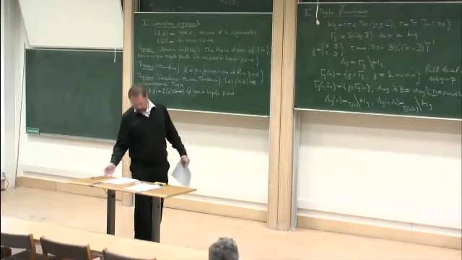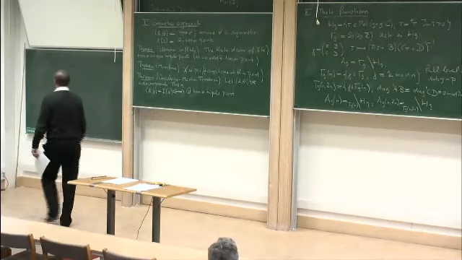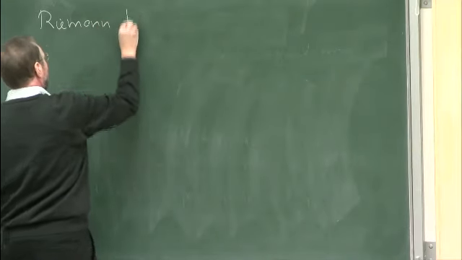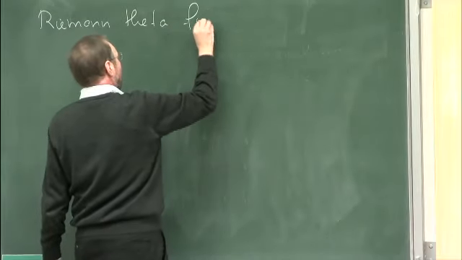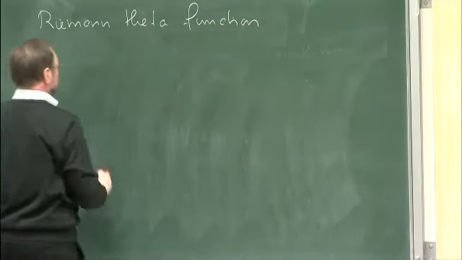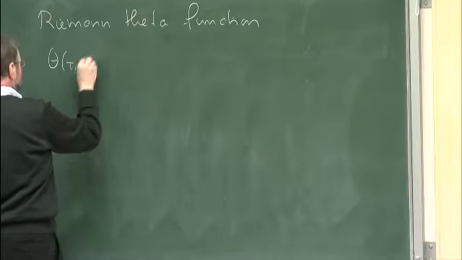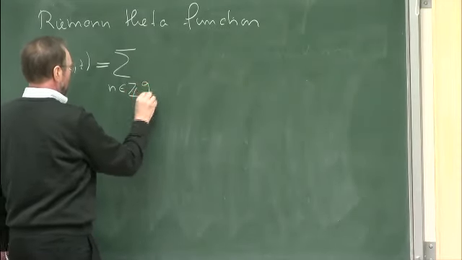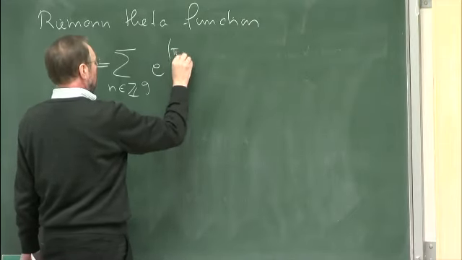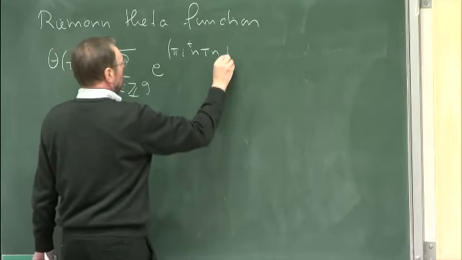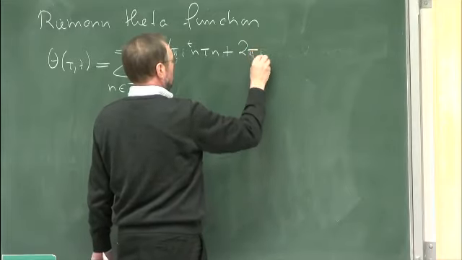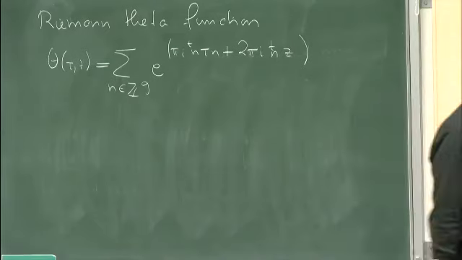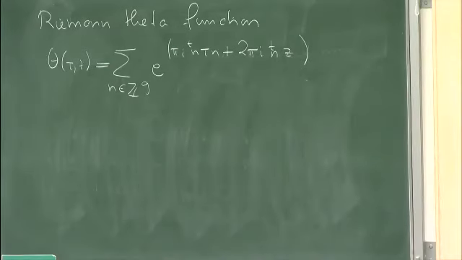We need the Riemann theta function. So this is theta(tau, z). That's the sum over all n in Z^g of e to the pi i n transpose tau n plus 2 pi i n transpose z. And that's a holomorphic function on the upper half plane cross C^g.